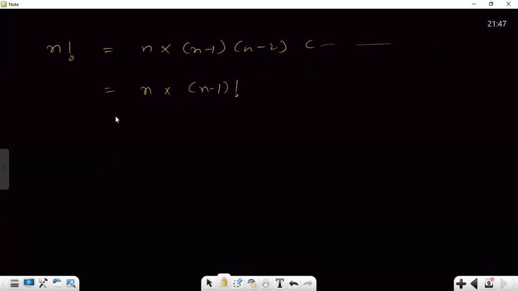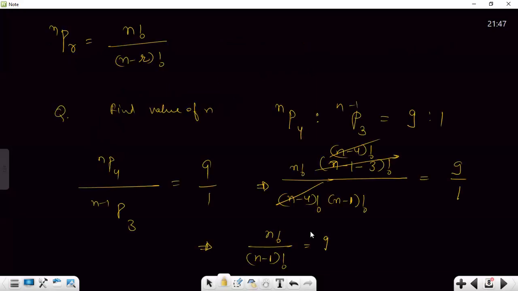So similarly, in the solution here, n factorial can be written as n into (n minus 1) factorial divided by (n minus 1) factorial. This cancels this. What is left is n equals 9.